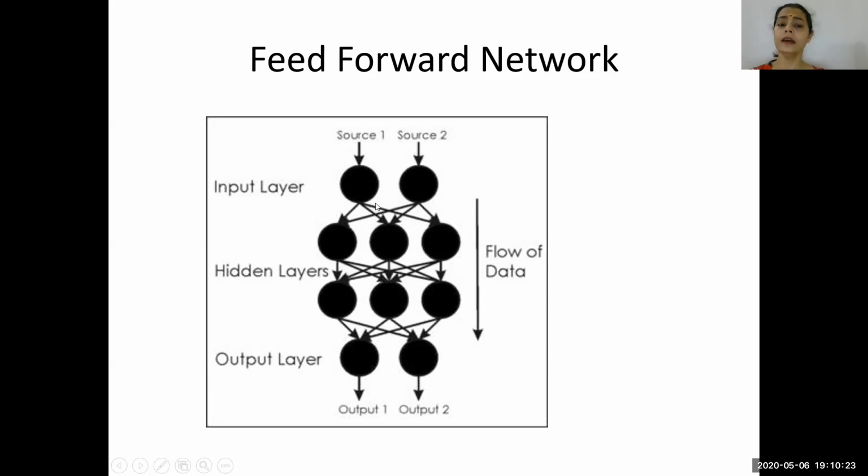As we can see here, there is a single input layer with two inputs, X and Y, or 1 and 2. Then there are two hidden layers inside. And then there is one output layer having two output features, or two output classes, or two output categories, output 1 and output 2.